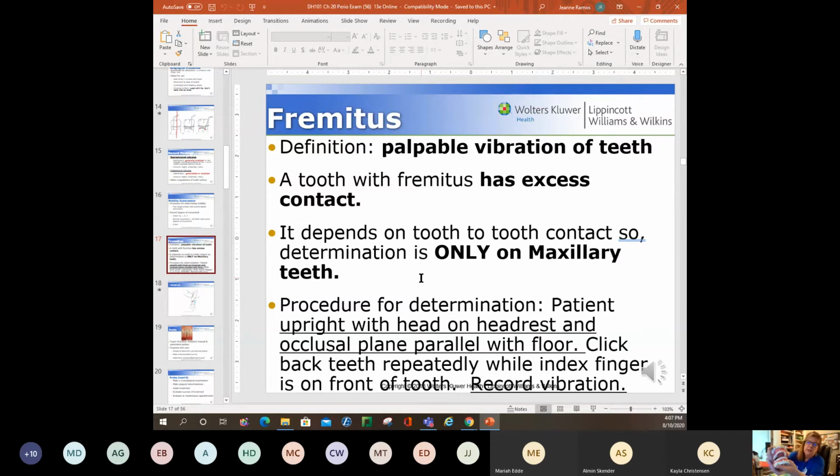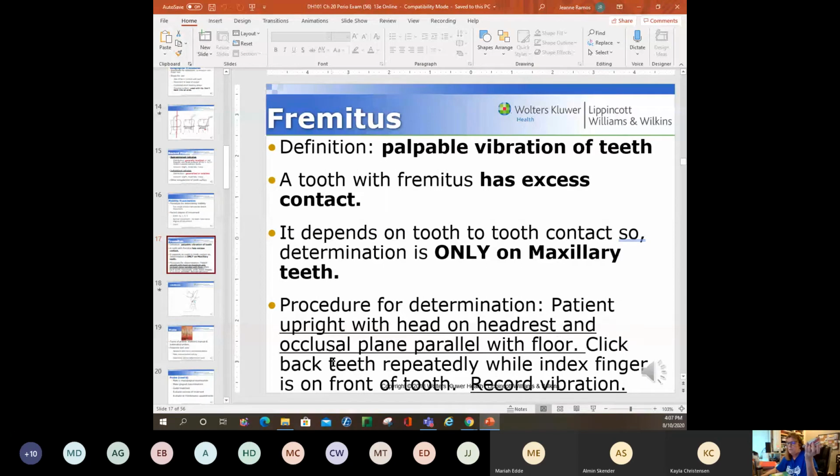You're trying to tell if there's vibration when they've bitten down and occluded, or it's closed and all contacting. Since all the maxillary teeth go over the mandibular, you can't check the mandible. You can only check the maxillary teeth.